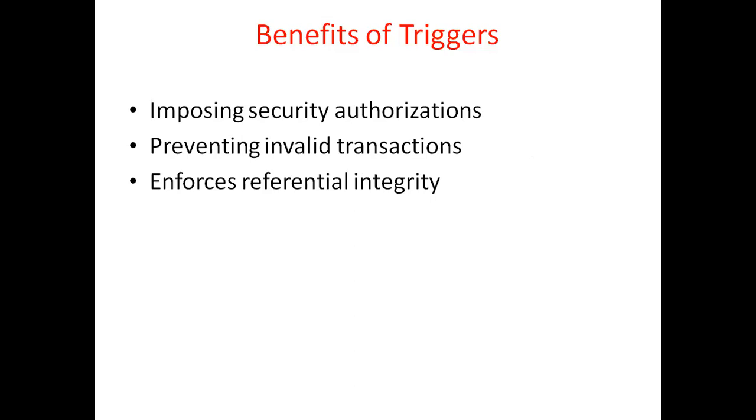You all know what referential integrity is. When you use the primary key of one table as a foreign key in another table, only if the primary key value exists can you refer to it in the other table. If there is no primary key value, can you refer to it in another table? No. So all these security measures, authorizations and prevention of invalid transactions can be performed using triggers.